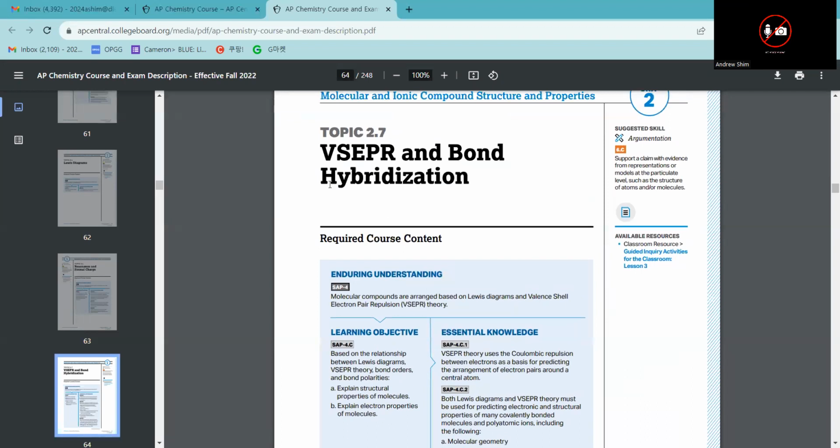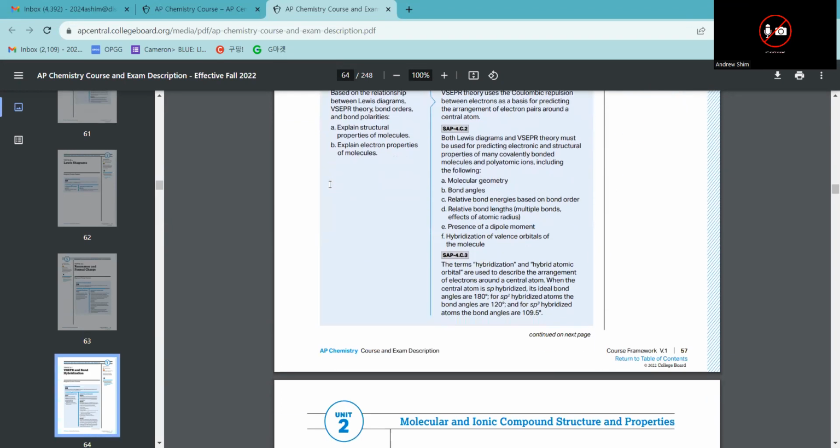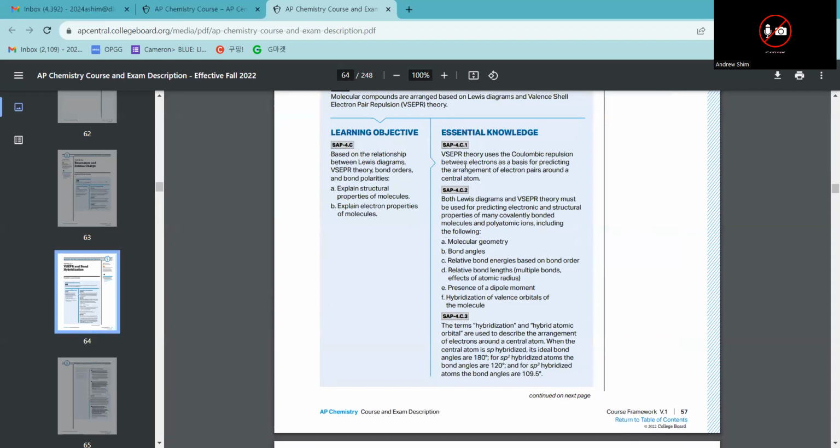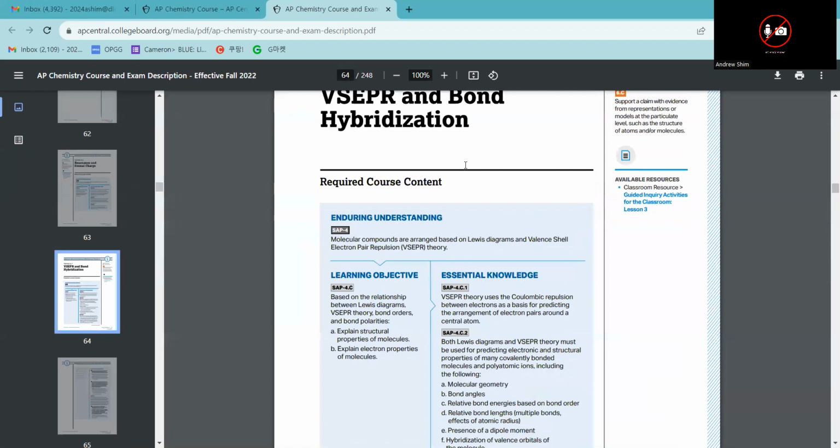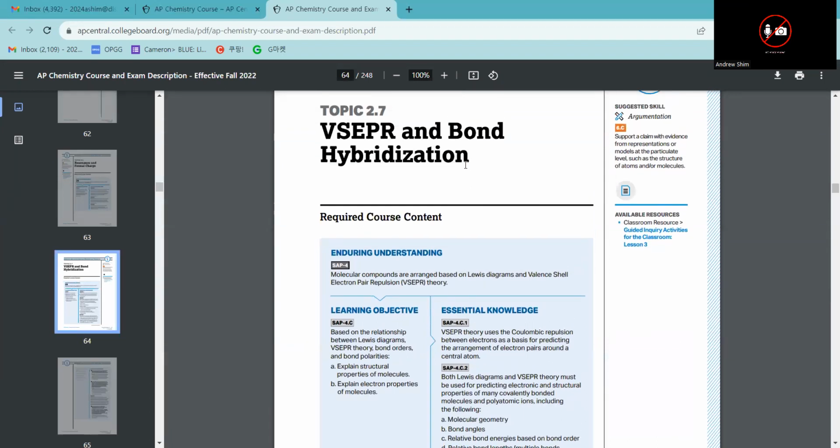And then is the VSEPR and bond hybridization. This is pretty important, where you would probably also do it in general chem. In General Chem, when you take a VSEPR test and hybridization test, the teacher would usually give you a sheet. I don't know if it has changed over the past few years, but when I did it, we were given a chart of various VSEPR structures, and we'd have to match it according to the different compounds.